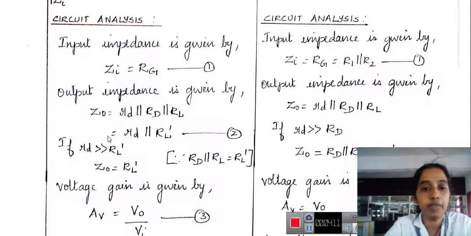If my value of rd is greater when compared to RL dash, here it is connected in parallel, so 1 by rd plus 1 by RL dash. If rd is very large, then 1 by rd is very small, so consider only RL dash. So my value of Z0 is equal to RL dash.